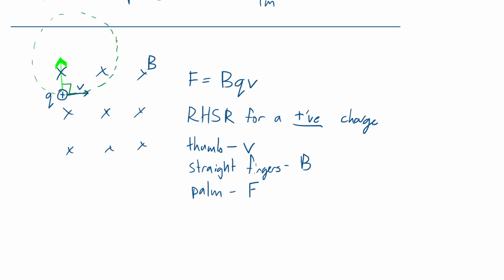And of course, the radius of that path will change depending on the field strength, the charge, and the velocity. So recall mechanics, Fc equals mv squared over r. So you could equate bqv to mv squared over r and solve for some unknown. Or use that to explain how the radius changes if you increase the velocity.